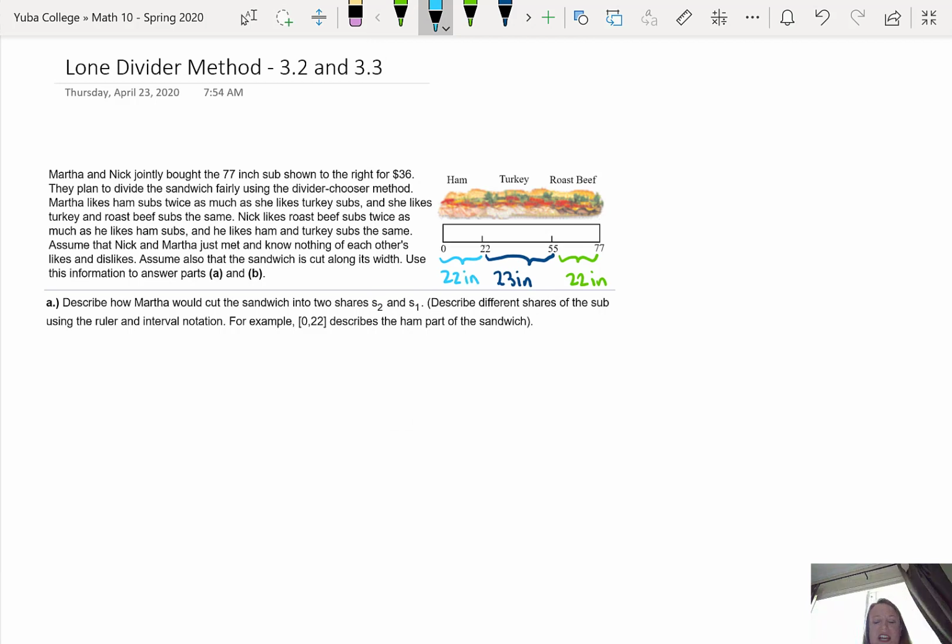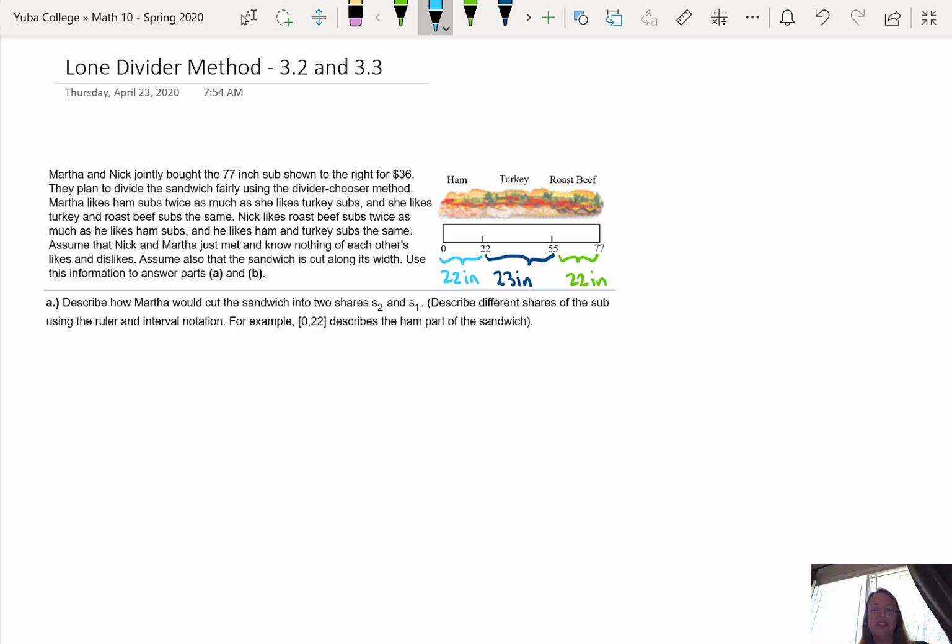They bought the sandwich together and they're going to divide it into two. When they divide it, they're just going to make one cut, going perpendicularly along the sandwich. When the person is dividing, we assume they have no idea what the other person likes.